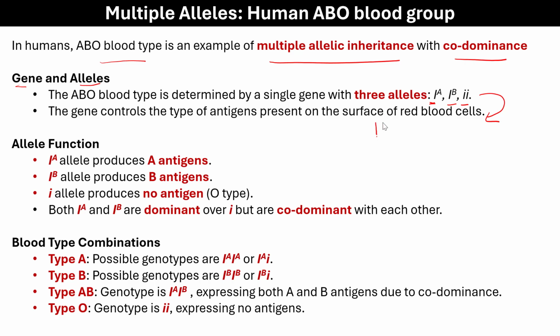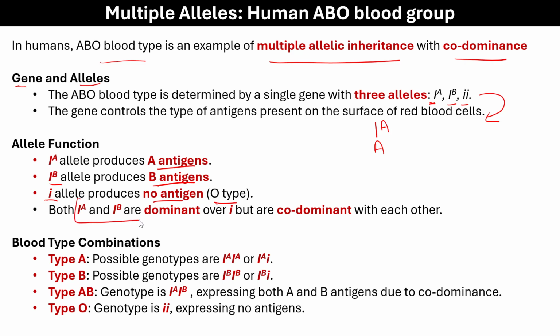So if you have IA, you will have antigen A. And if you have IB, you will have antigen type B. And if you have small i, there is no antigen and the blood group will be O.